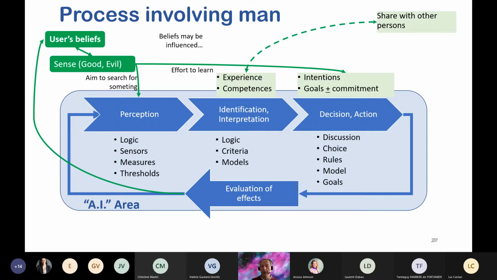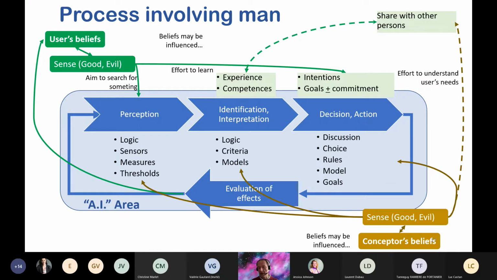They have experience and competencies to interpret, intentions to eventually modify the decision. And the designer himself has bias. During his conception of the machine, he organized the logic of the machine in some way which complied with his own sense. So here we find bias that can be difficult to detect.